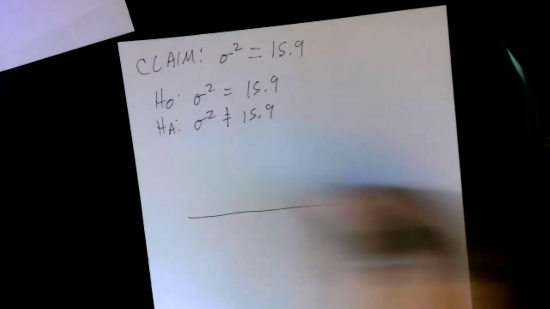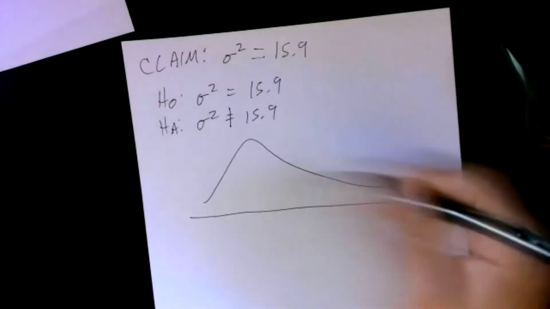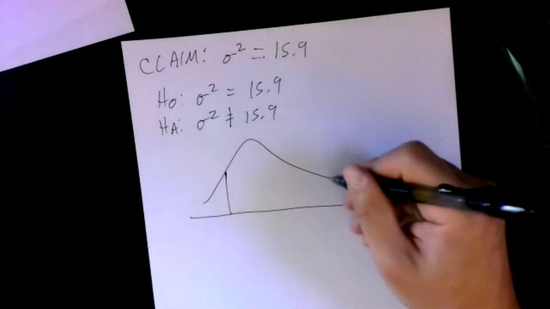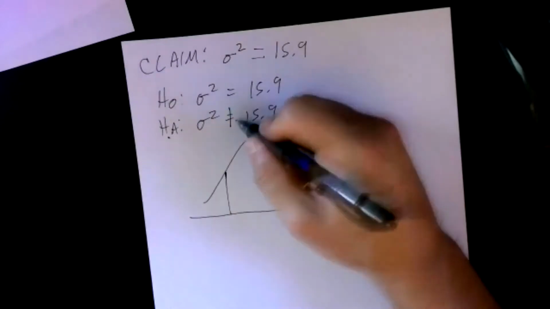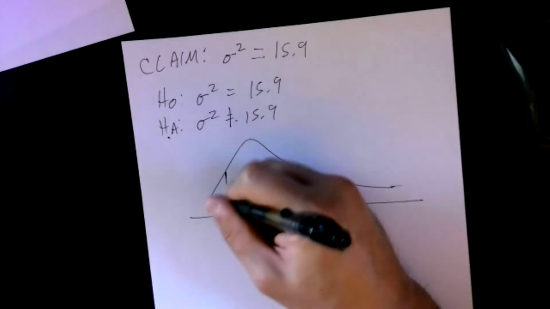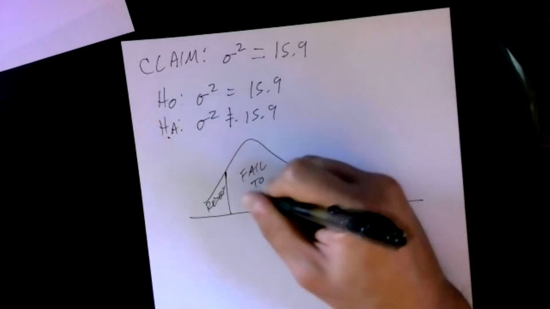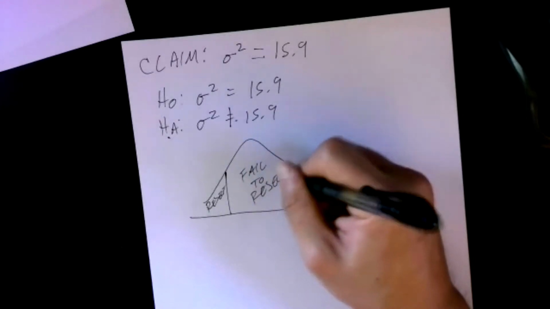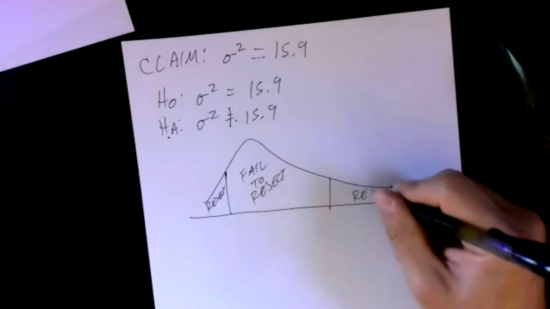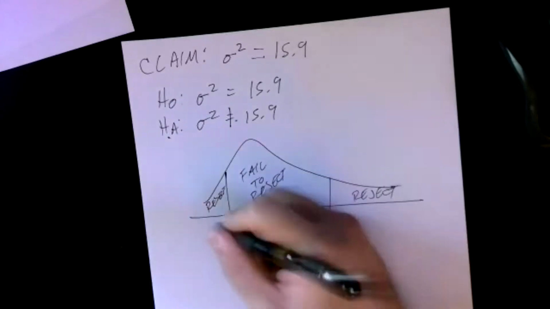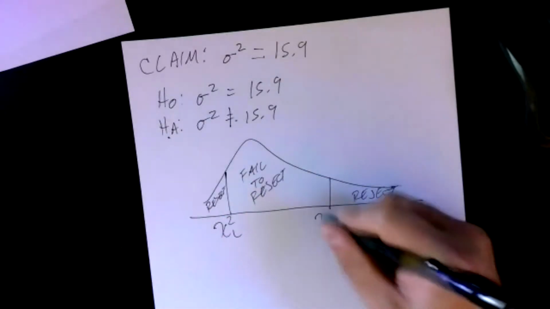So when we draw a figure, we'll have a two-tailed test because the alternative was not equal to. Which means we're going to have two chi-squared critical values.